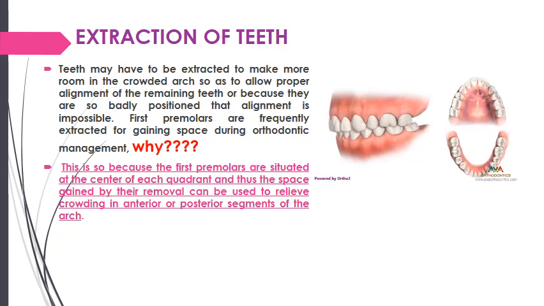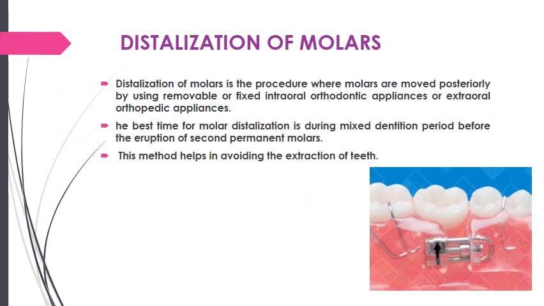The most commonly extracted tooth to gain space during orthodontic management is the first premolars, because they are situated at the center of each quadrant, so the space that is created by their removal can be used to relieve both the crowding in the anterior or posterior segments of the arch.